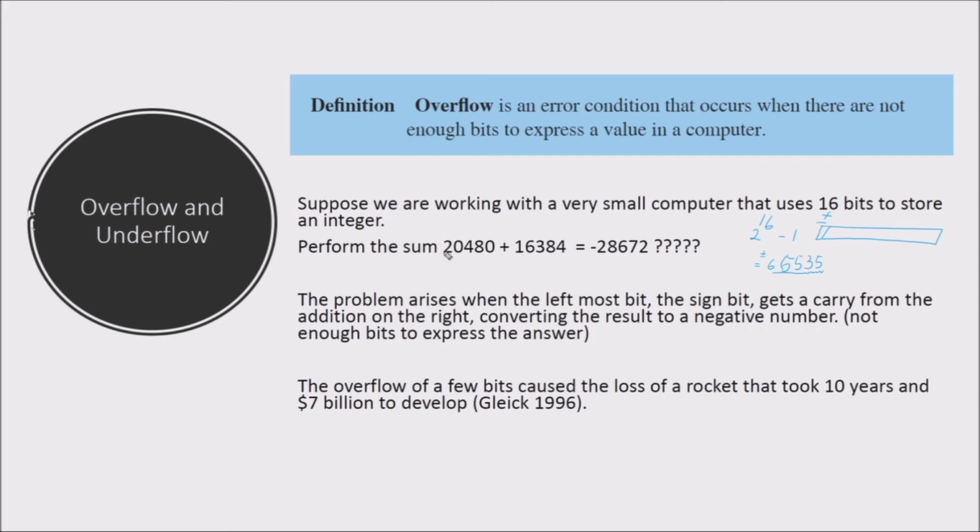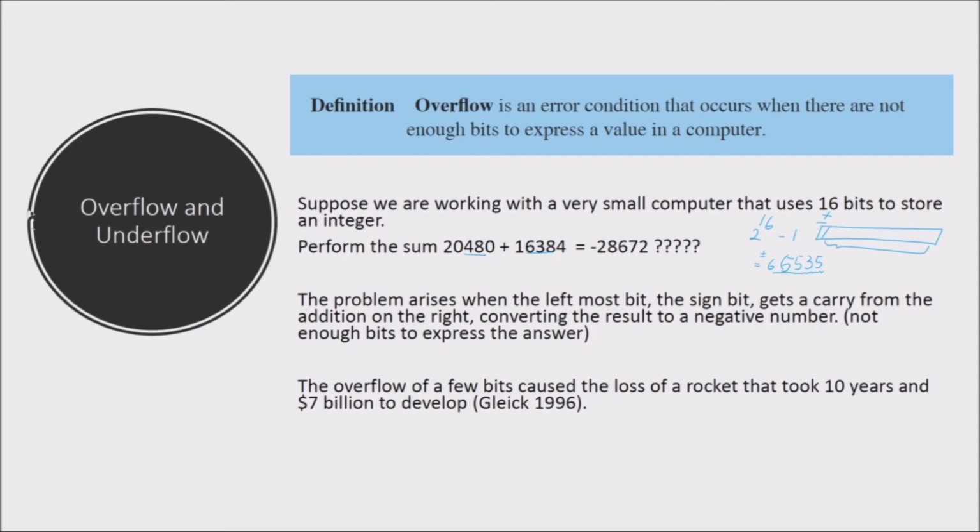Then I have two numbers to add here. When you add these two numbers, it will exceed the space that I have here. How much space am I talking about?